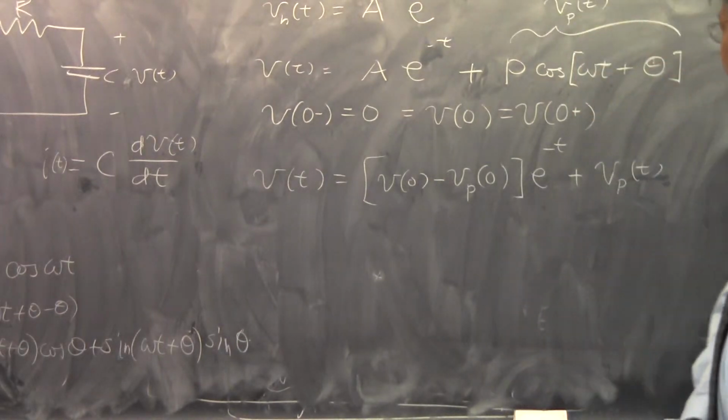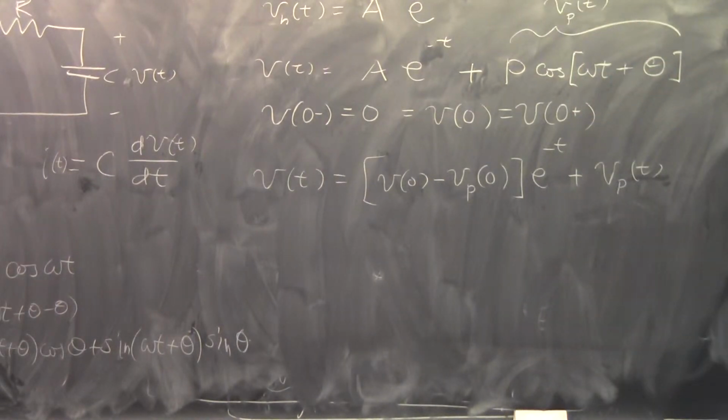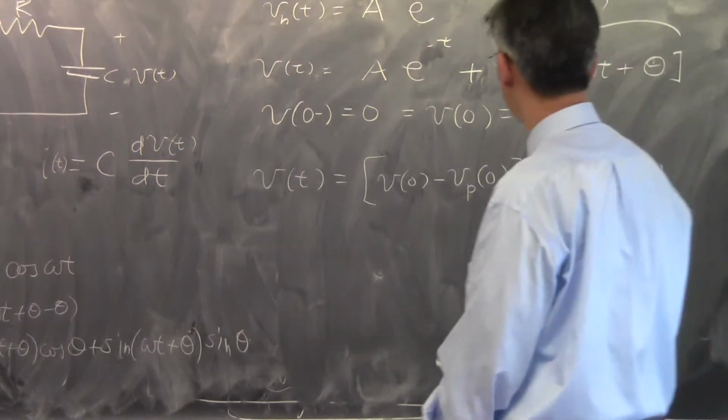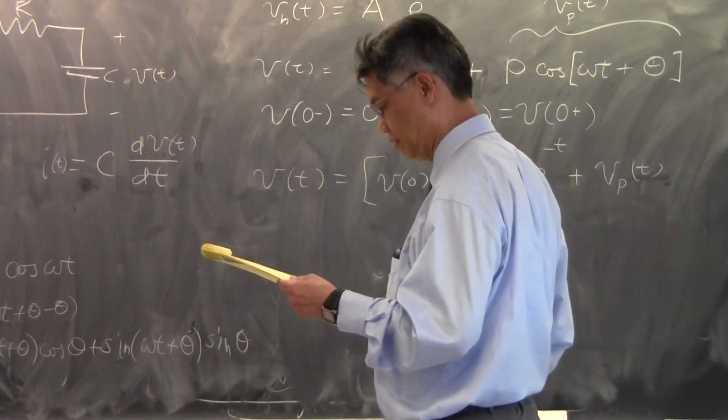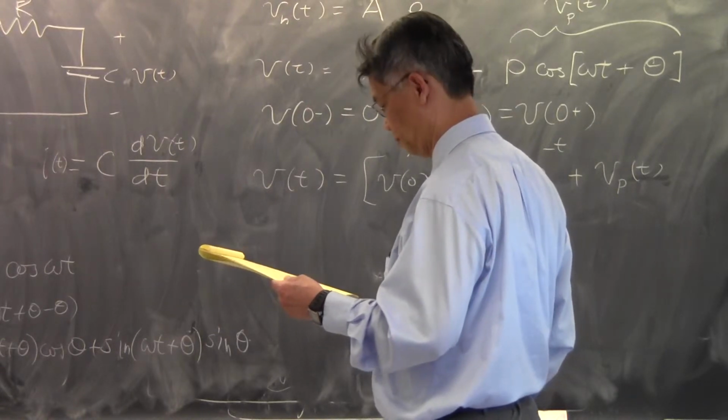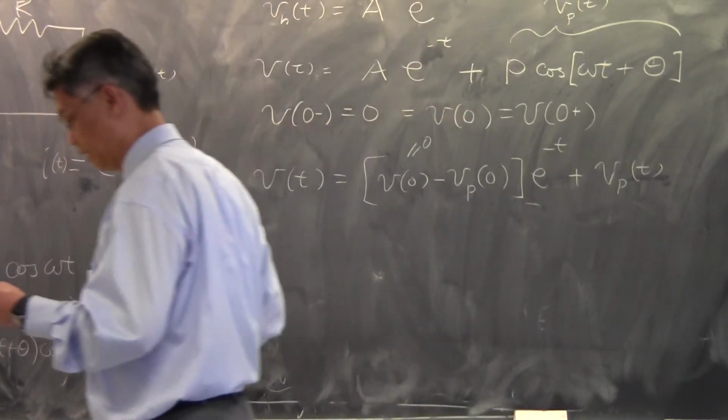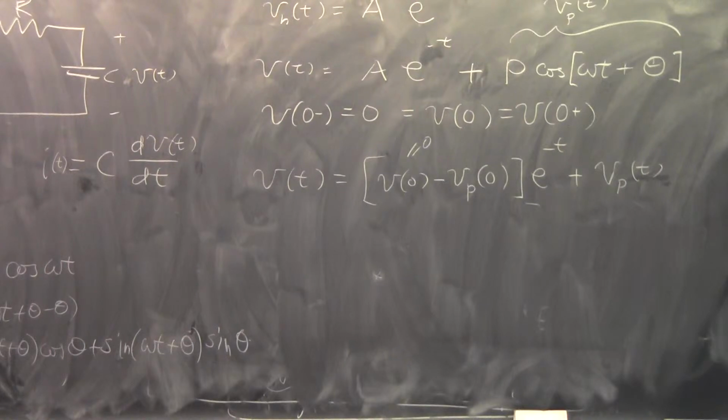You can write v of t in this manner, and it will satisfy the initial condition: when you set t equal to 0, that expression equals v of 0. And this is given to be 0. You plug this in, and then you get the solution that you want.